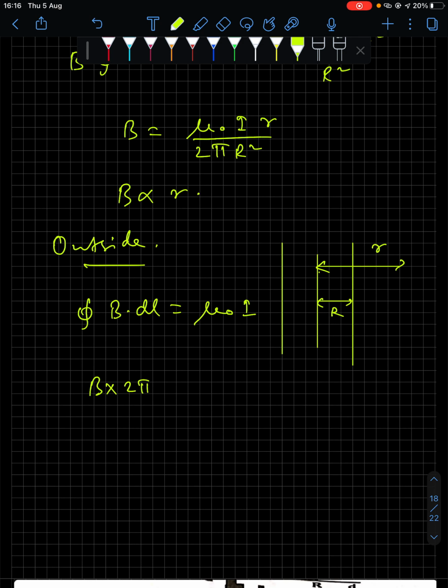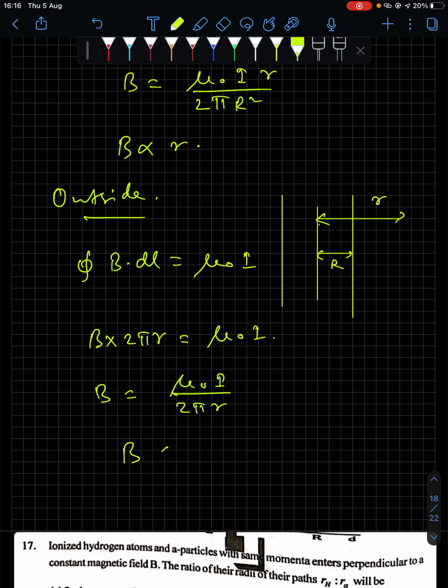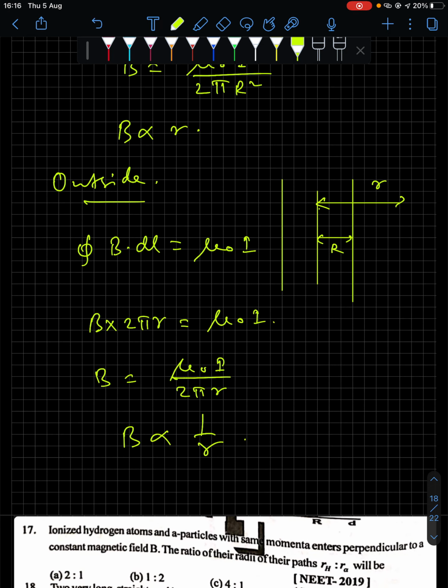So here B into 2 pi r, because you are taking the circumference or perimeter up to this point, from here to here, this circle. On the right side you have mu naught I only. So B is equal to mu naught I by 2 pi r, which is B inversely proportional to r. So you got the relations.